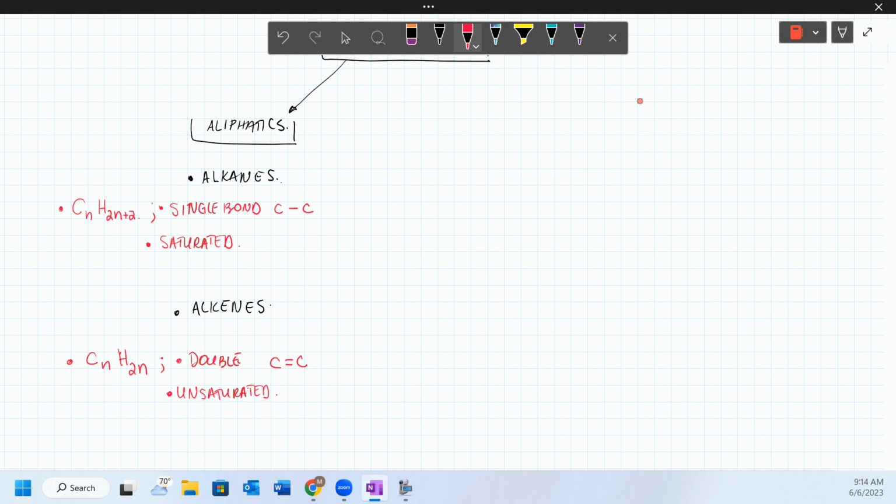So we'll have something like this. This bond will be broken here, and the bond will go here, and this will move from unsaturated into saturated.